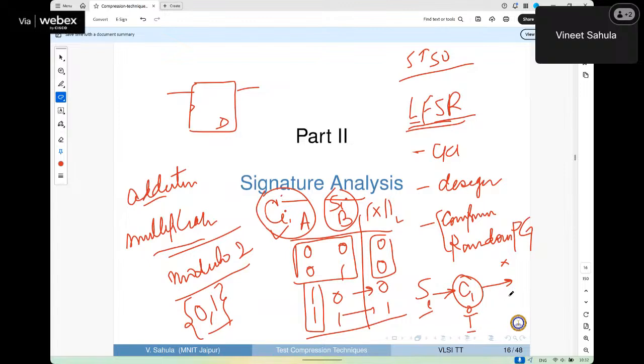If Ci is 1, Si comes in. In this case of multiplication, the Ci is working as a switch. If Ci is 0, that means the switch is off. And if Ci is 1, the switch is on. That's all. Right? So for addition, I can take the XOR gate.